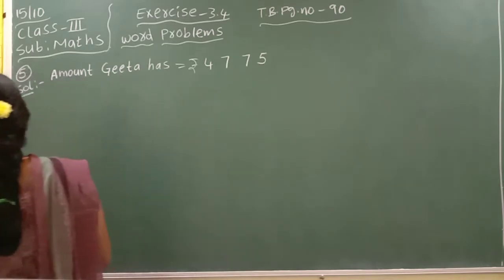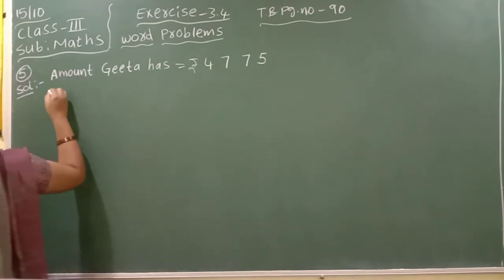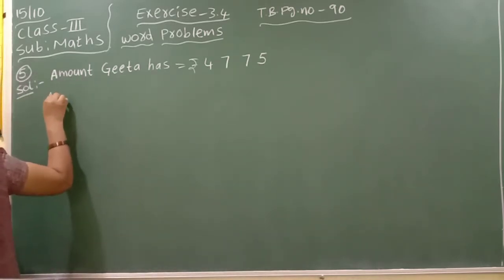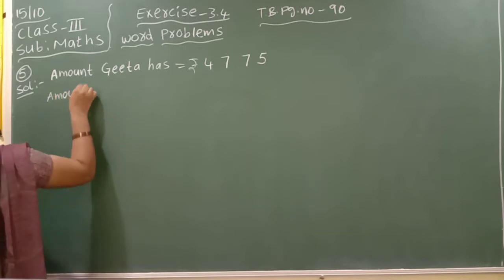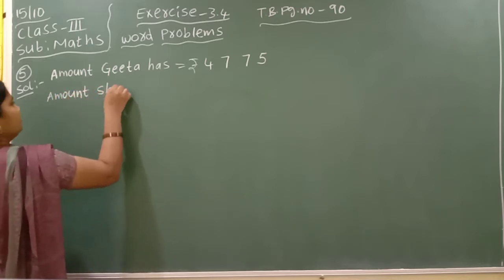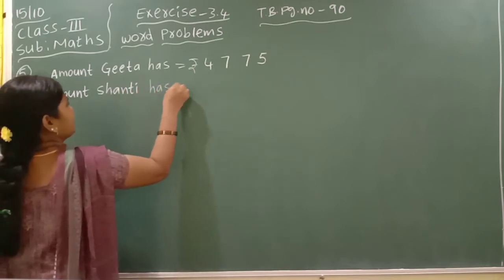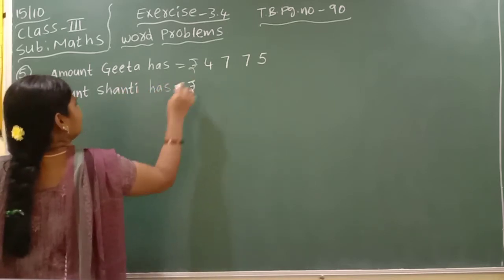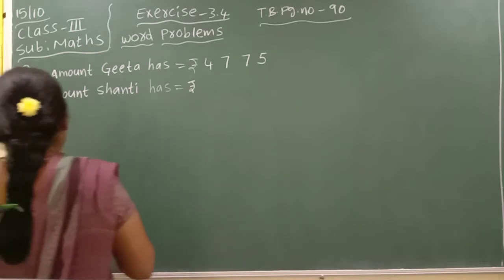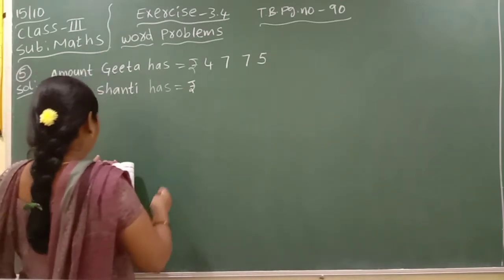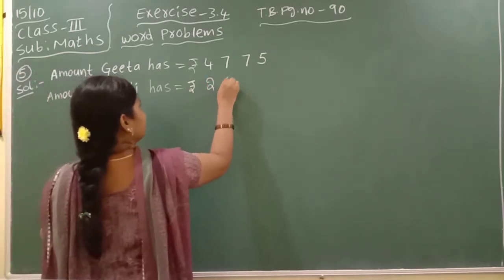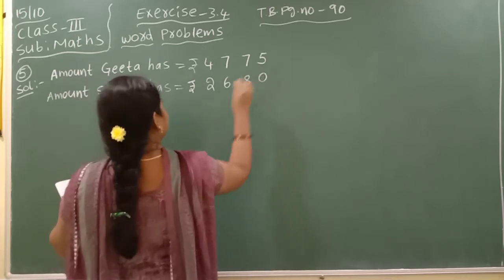Next step. Amount Shanti has. How much amount does Shanti have? Here Shanti has 2,680.